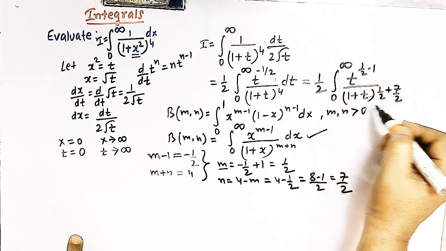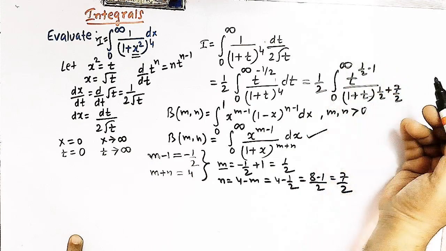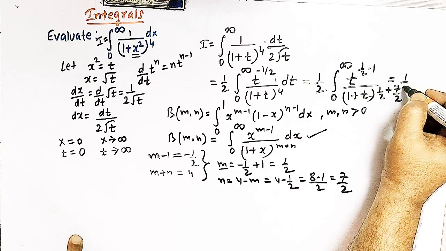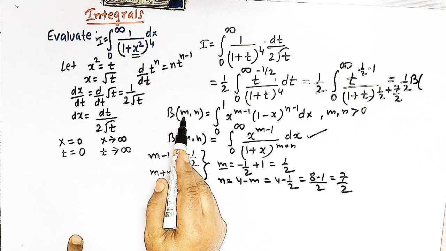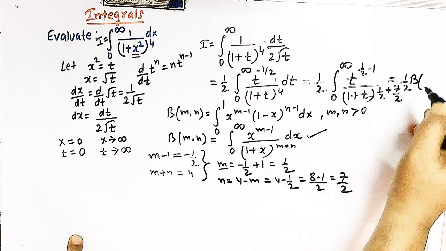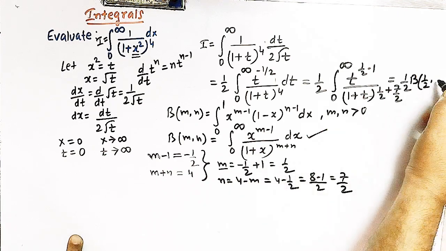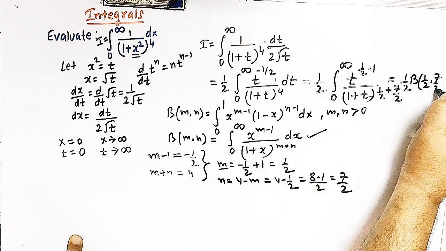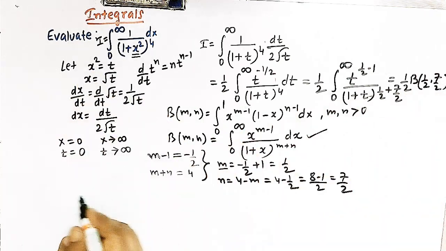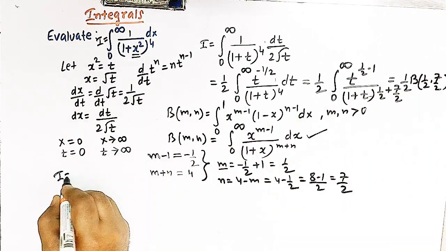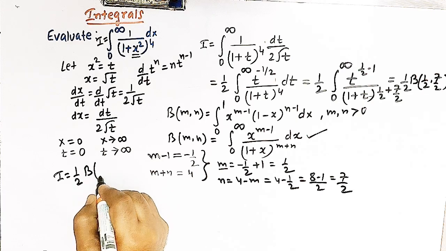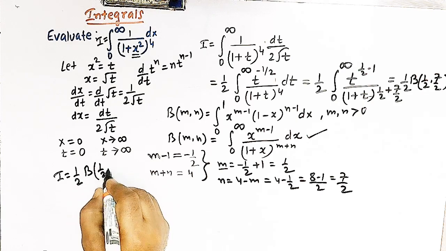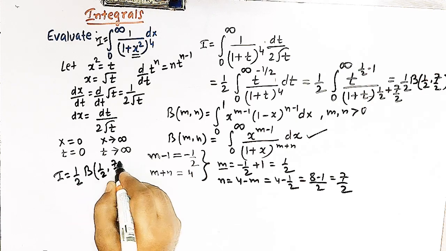So now this integral is our beta function. So we can now write half times beta of m comma n, and m is half and n is 7 over 2. So now the value of our integral I is equal to half times beta of half comma 7 over 2.